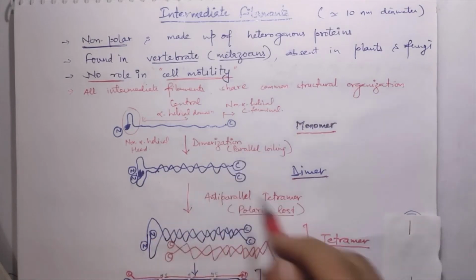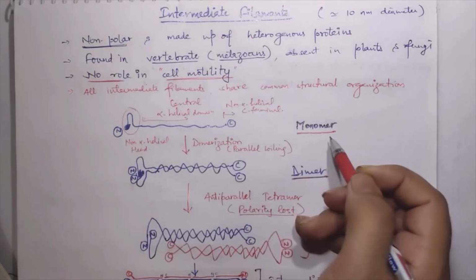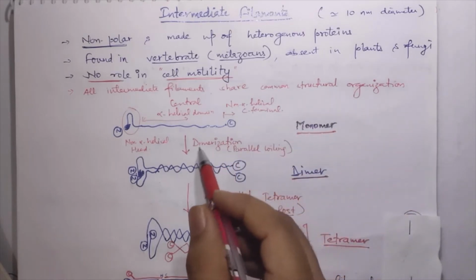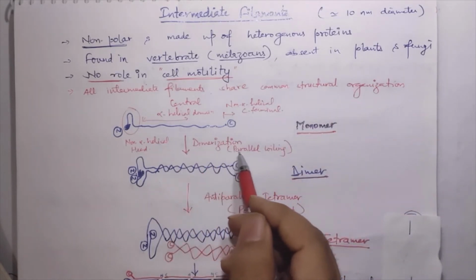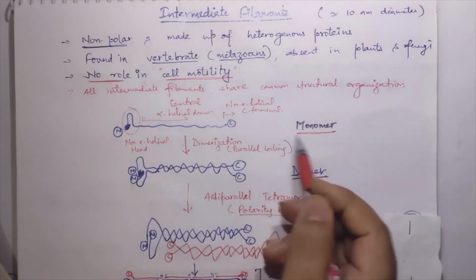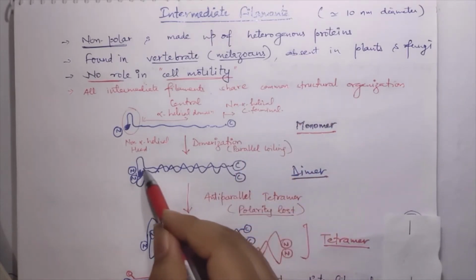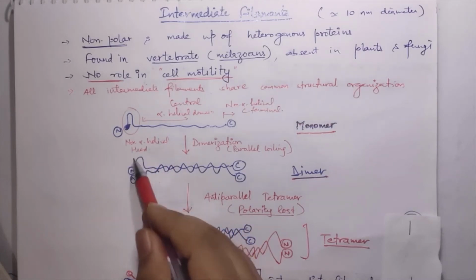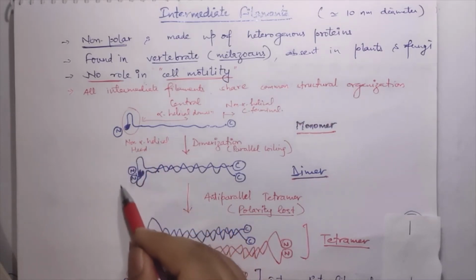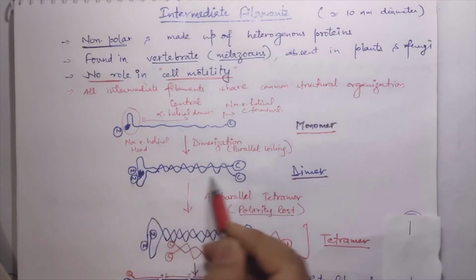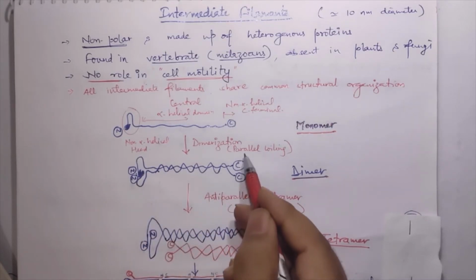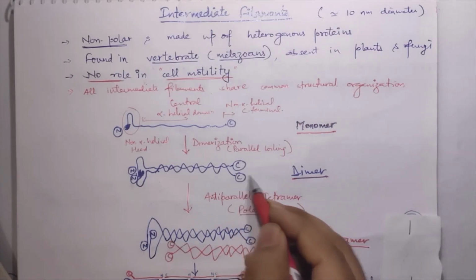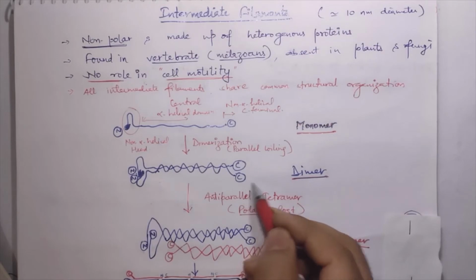This forms a monomer of intermediate filaments, and here they first coil parallel around each other to form a dimer, where the non-alpha helical head domains are placed at the same end of the dimer, and the C-terminal non-alpha helical domains are placed towards the same side of the dimer.